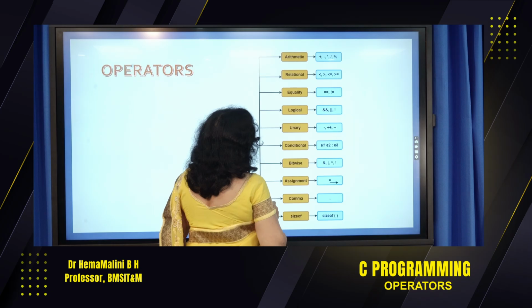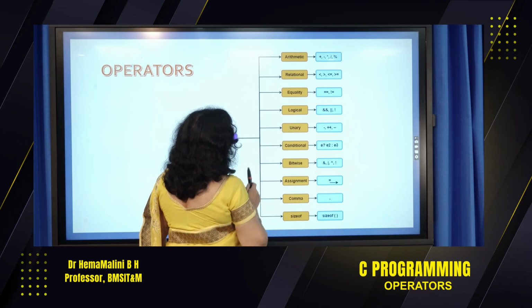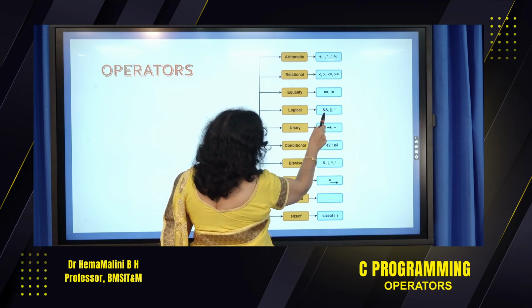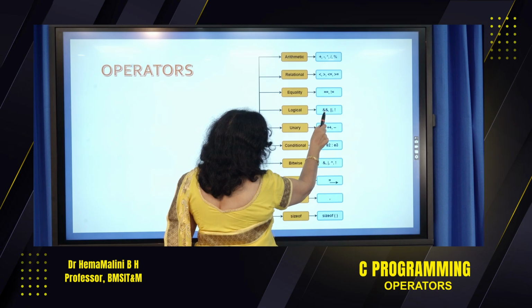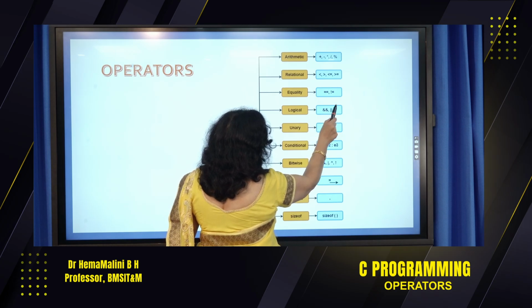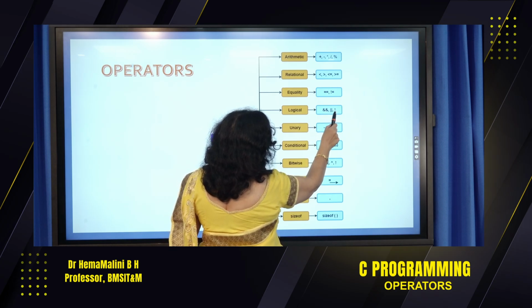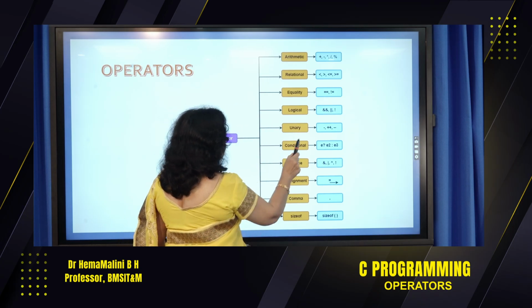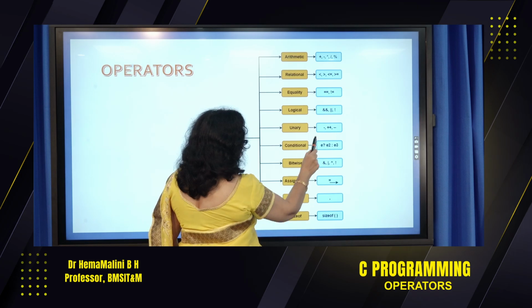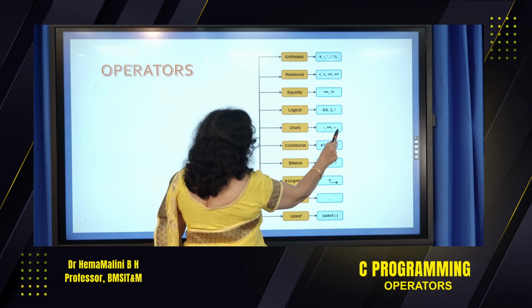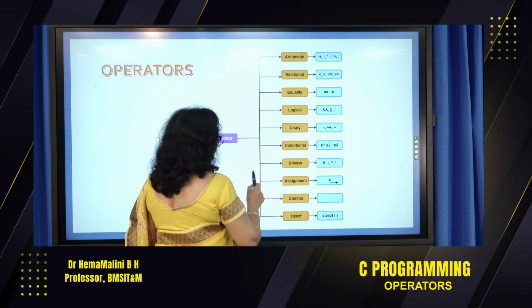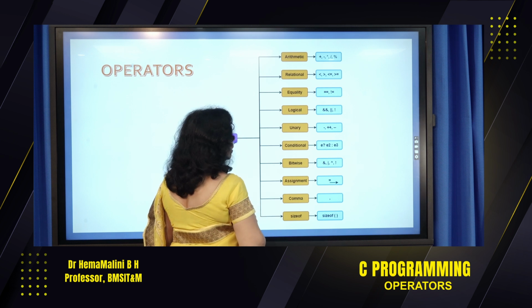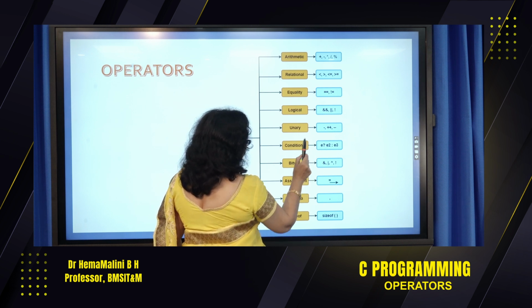This shows inequality. Logical operator, it could be ampersand, that is logical and, logical or, which is a pipe character, logical not. Unary operators could be unary minus, increment operator, decrement operator. Conditional operator, this is also called as ternary operator, which has a question mark.